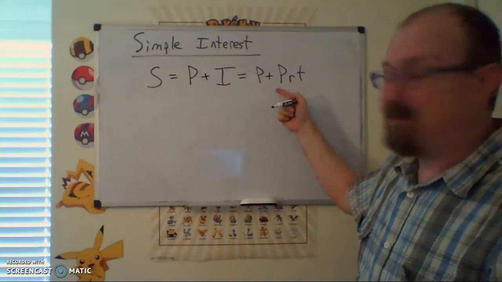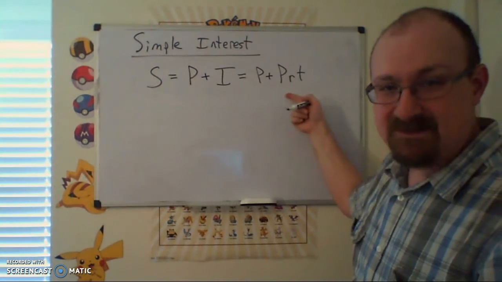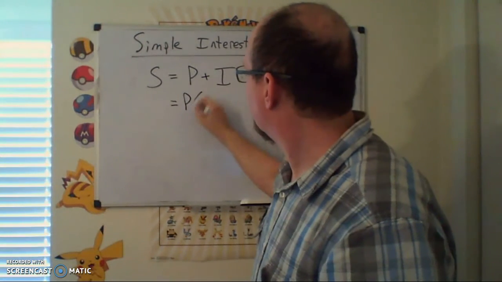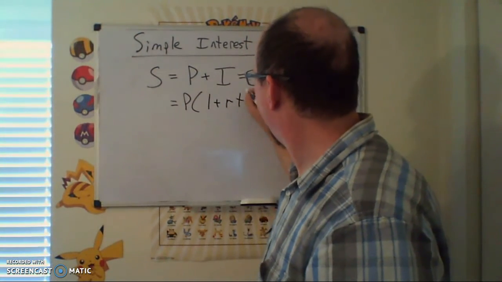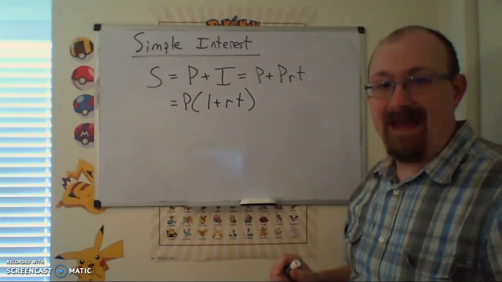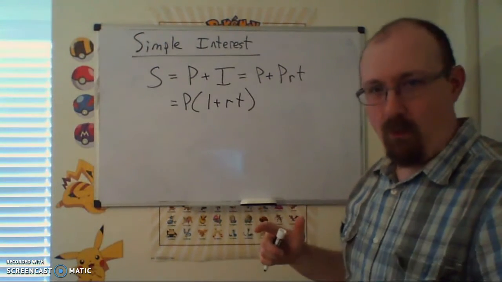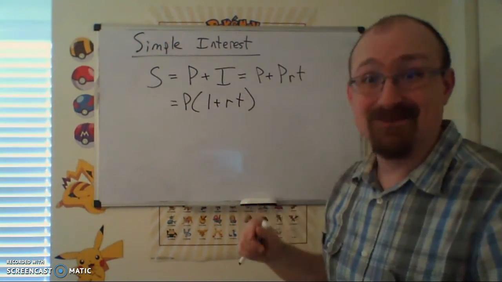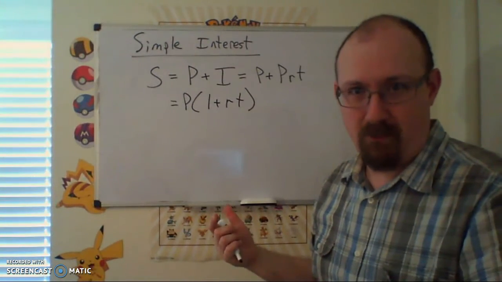We can also clean this up a bit because you'll notice both terms here have a factor of P on them. So I'd have S equals P times 1 plus RT. The parentheses are important. Also, factoring a P off here doesn't give you a 0, gives you a 1, just making sure we're all on board.